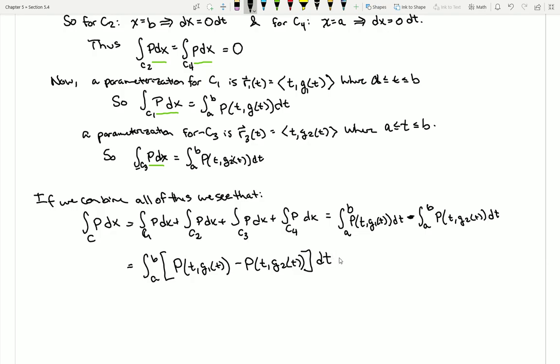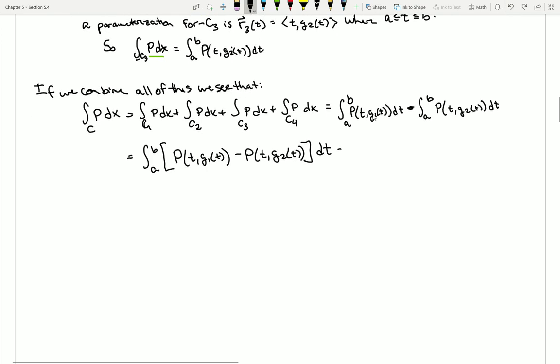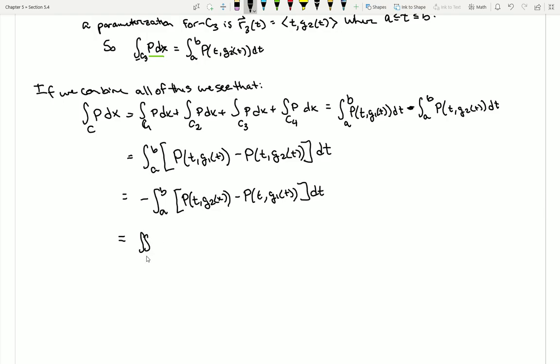First off, I could recognize that if I was to go down here and pull a negative out of the inside, I could reverse the order in here to have my g2 function come first, my g1 function comes second, and then I can simplify all of that down to actually look like, again, something that we've already seen. That looks like this.